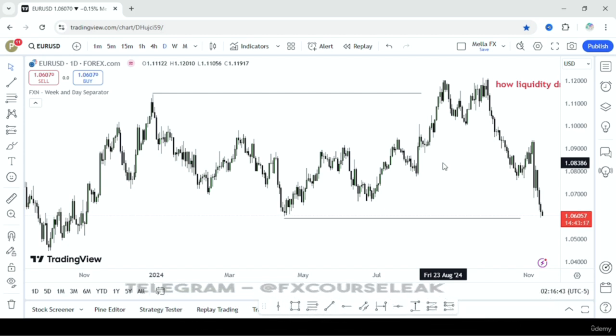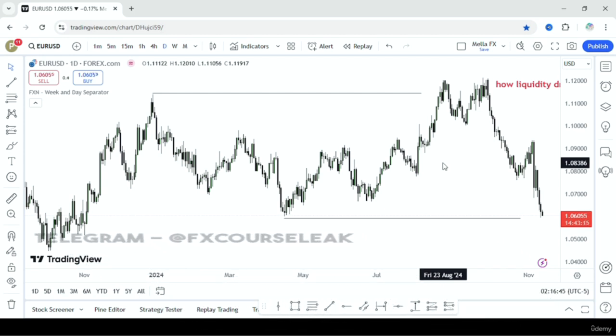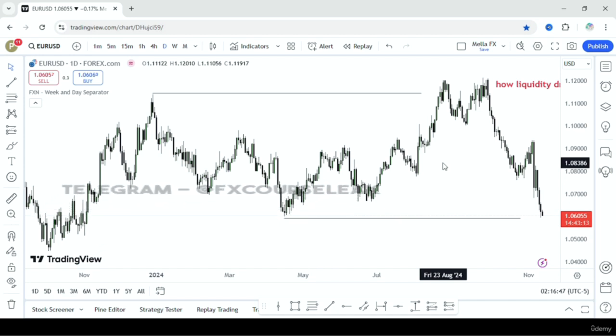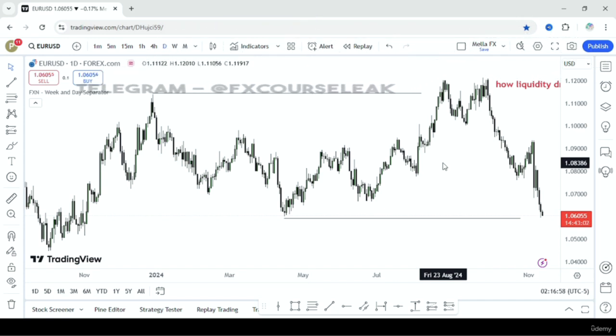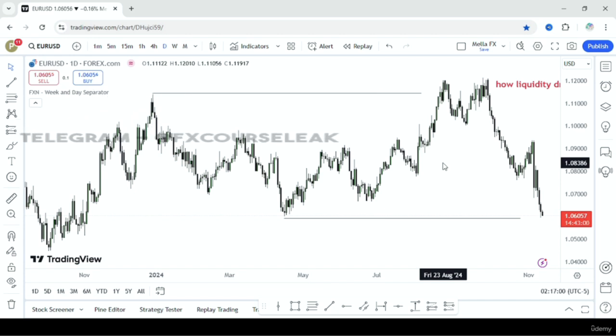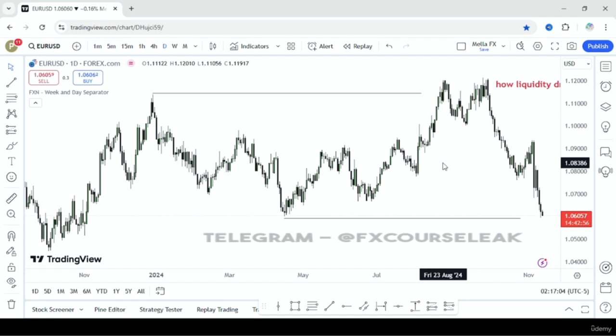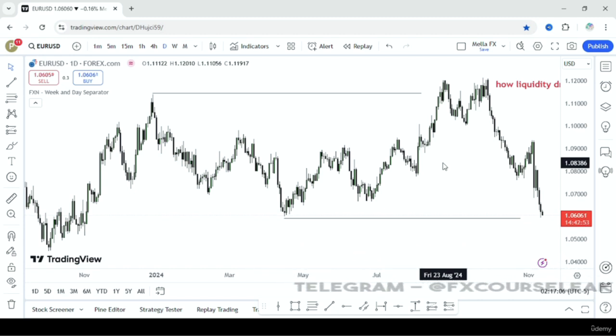So basically, what we will look at in scalping the session liquidity is that we have to determine first the bias of the market. We can't go trading blindly. We have to understand the current condition of the market, whether we are in a premium, in a bullish or a bearish market.